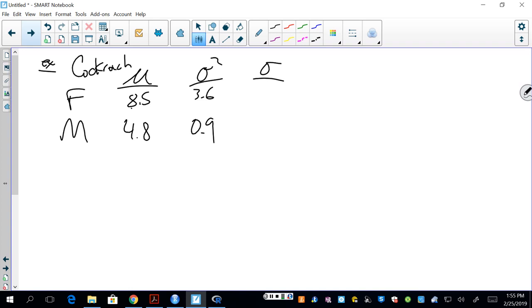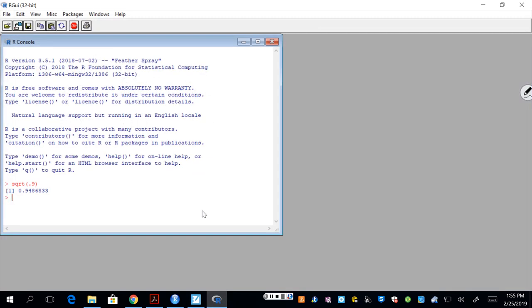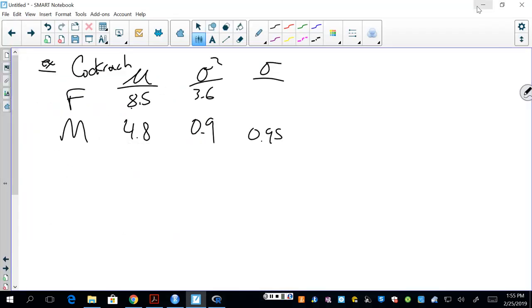Standard deviations, then, are the square roots of those: 0.95 for the males. The square root of 3.6 is just 1.9. Right? So it's 1.9.